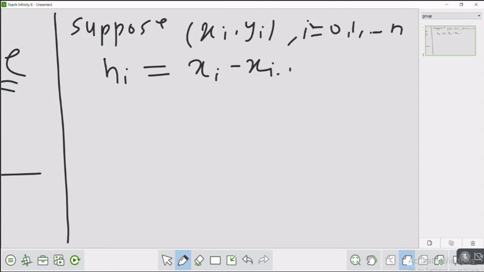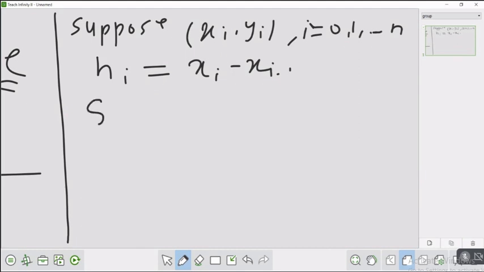Allow me to show you the next thing. Just a second. So we have the data set, and we have the lengths of the intervals.